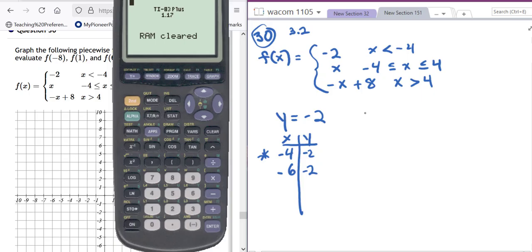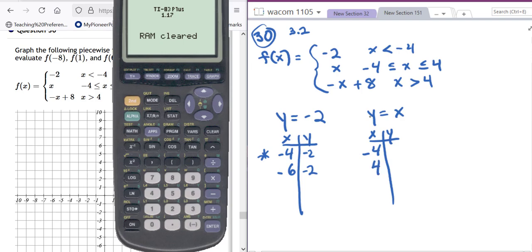All right, let's go ahead and get all of our information. This one will be y equals x. This is your identity line. So 2 points will be enough for it. And x has to be between -4 and 4. We want to use both of those endpoints, and they are going to get closed circles. So we want -4 and 4.